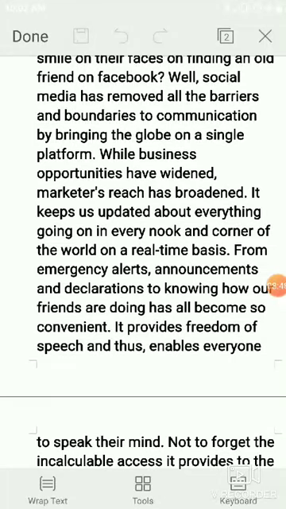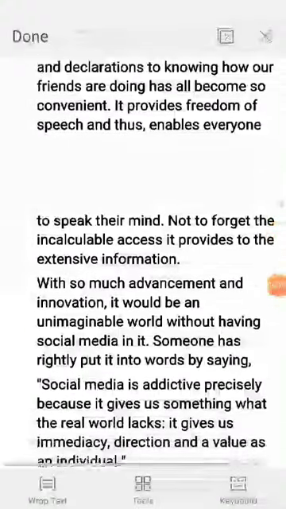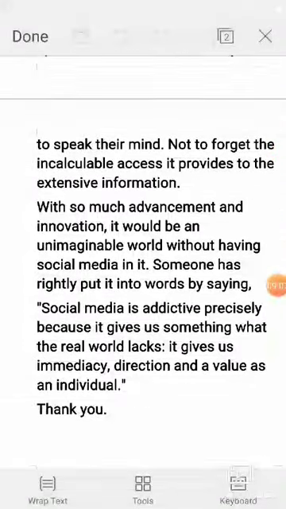It keeps us updated on everything going on in every nook and corner of the world on a real-time basis. From emergency alerts, announcements and declarations to knowing how our friends are doing, it has all become so convenient. It provides freedom of speech and thus enables everyone to speak their minds.